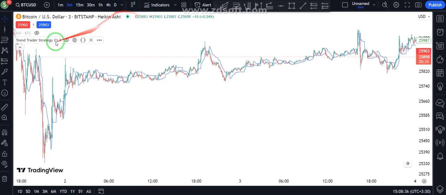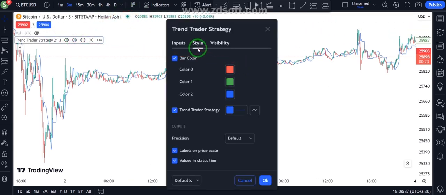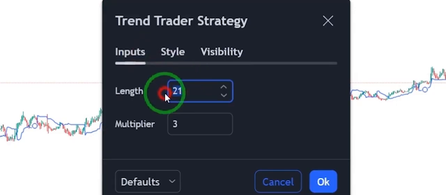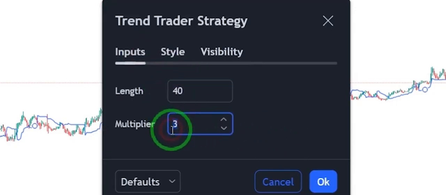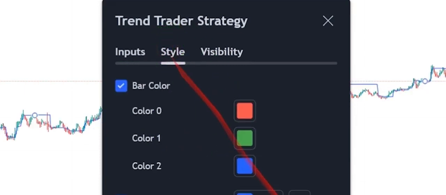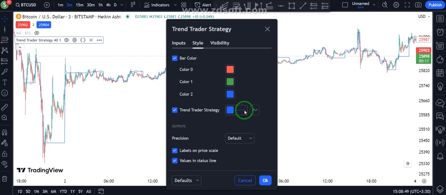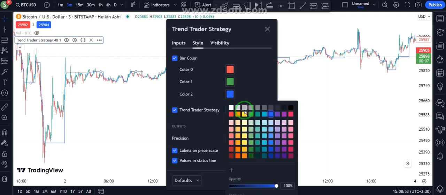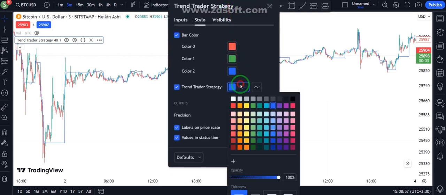Now go to the settings and change left to 14 and this one to 1. Then go to the style tab and thicken the trend line a little bit. That's good.